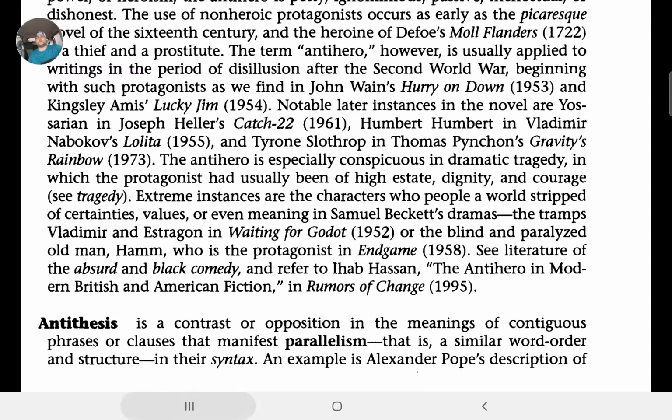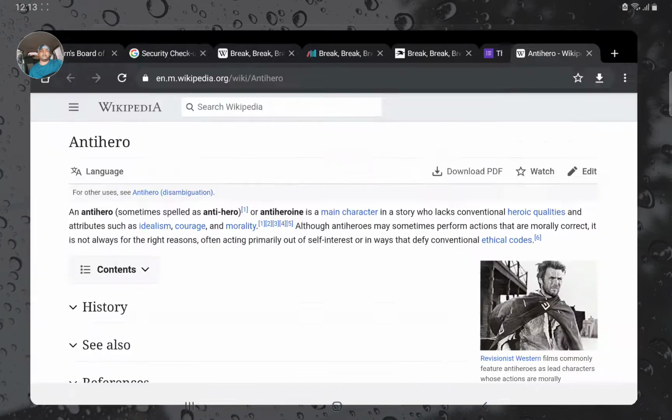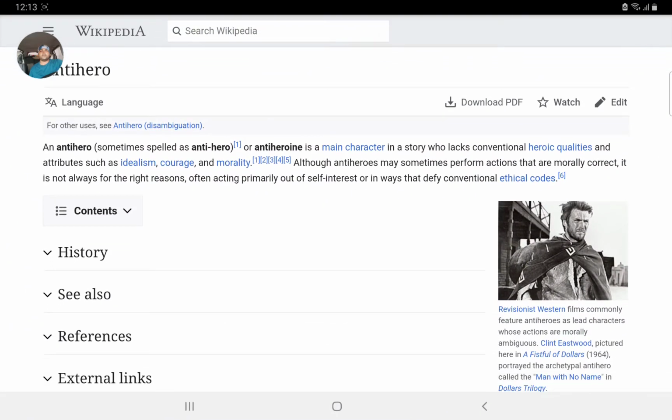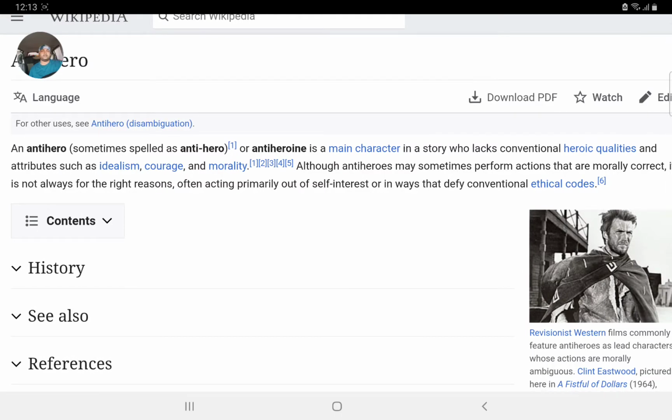Let us move to another source where we can understand the idea of the anti-hero. What have we got here? Anti-hero, sometimes spelled antihero, or anti-heroine, is the main character in a story who lacks conventional heroic qualities and attributes such as idealism, courage, and morality.